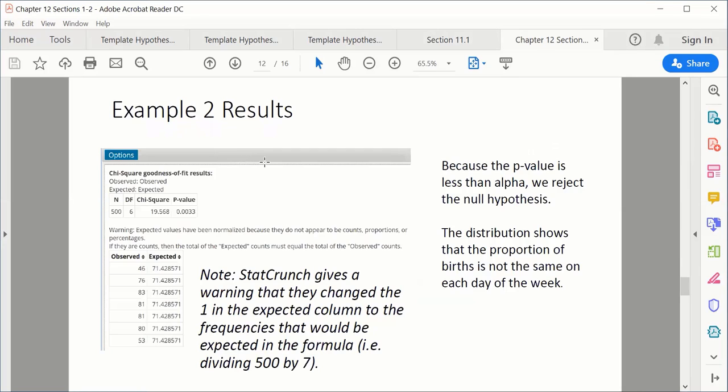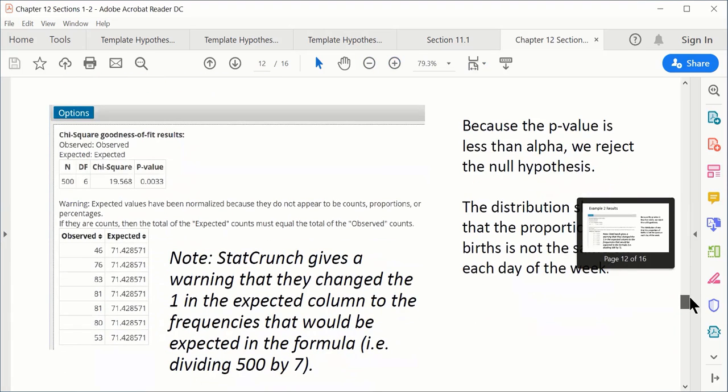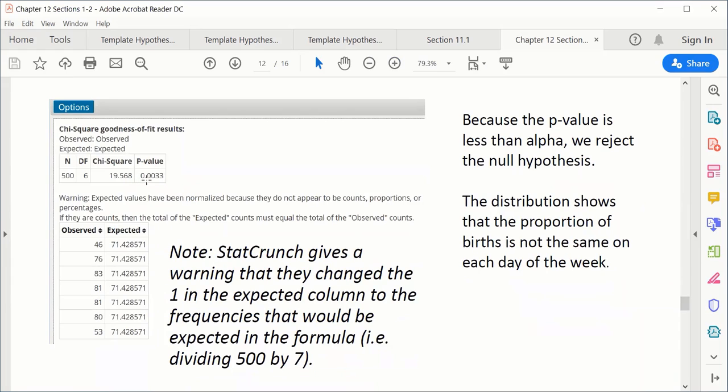I did stat, goodness of fit, chi-square, and I got a p-value here. I'm going to zoom in on this a little. It looks really small. So I got a p-value of 0.003, which is really small, and a chi-square of 19.56. So we do have a small p-value.